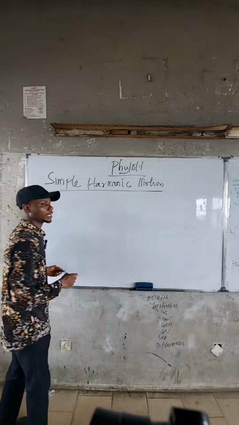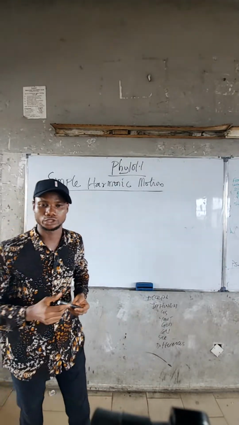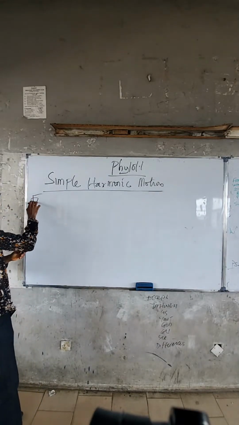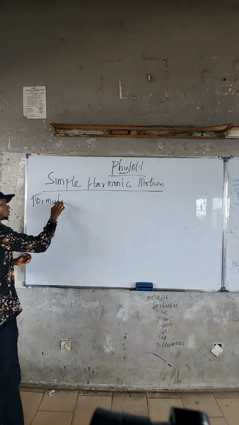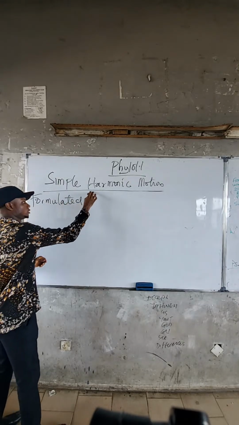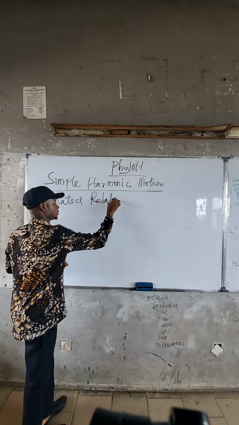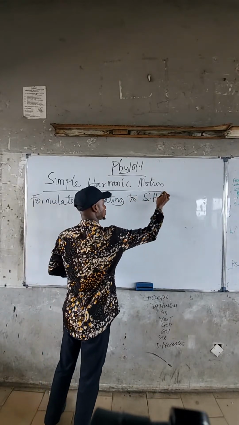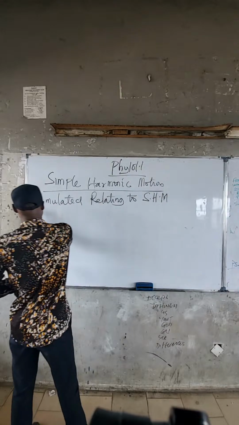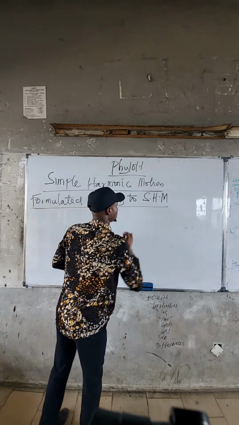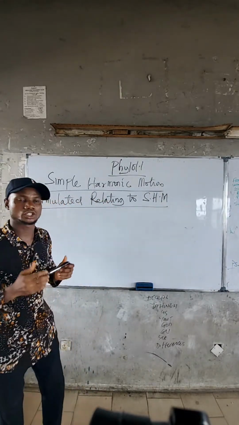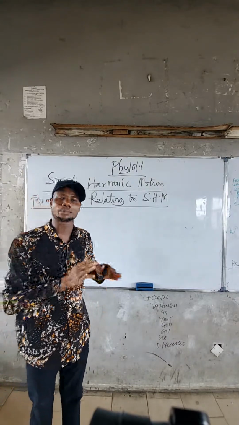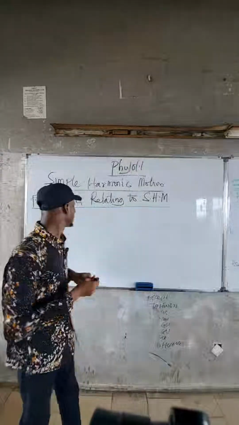Please write formulas relating to simple harmonic motion. When you see SHM, it is the same as simple harmonic motion. Let's take some of the formulas relating to simple harmonic motion and apply them in some questions.